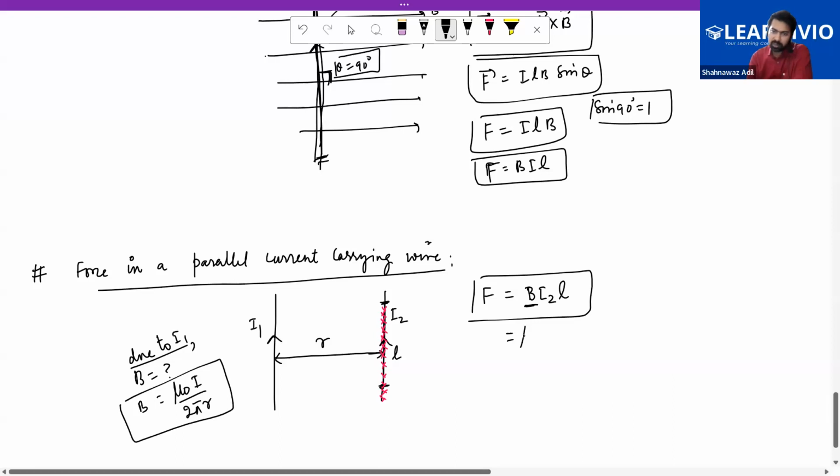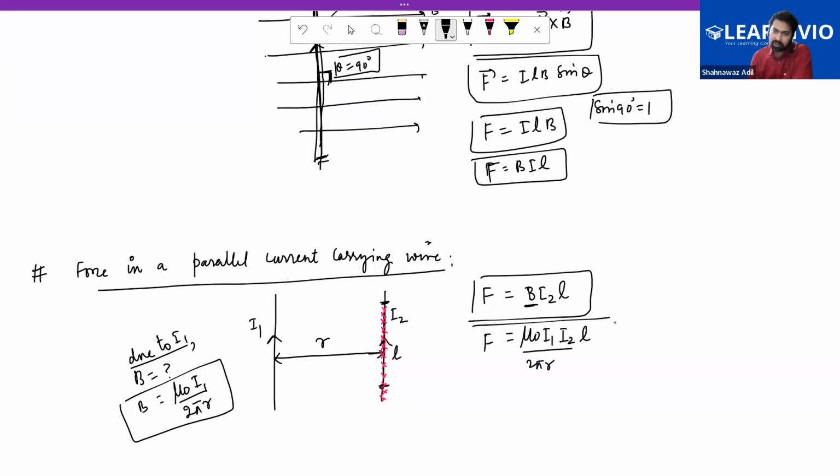So the force would be mu naught I1 divided by 2 pi r, I2 and L. This is the force experienced by the parallel current wire, and the force per unit length, F by L, would be mu naught I1 I2 divided by 2 pi r.